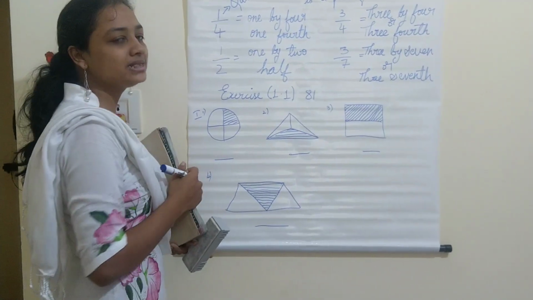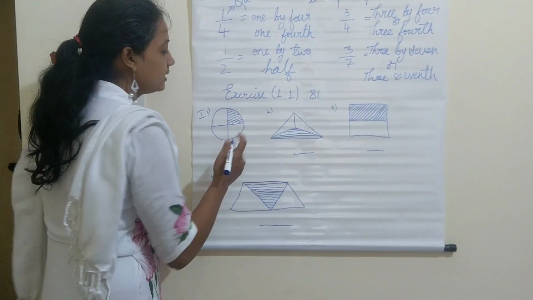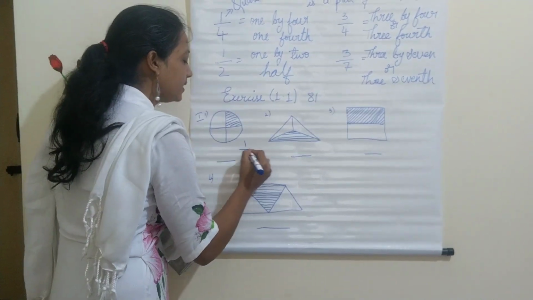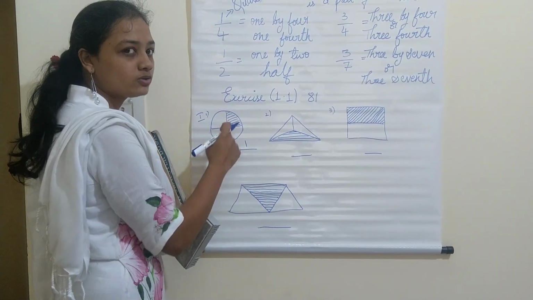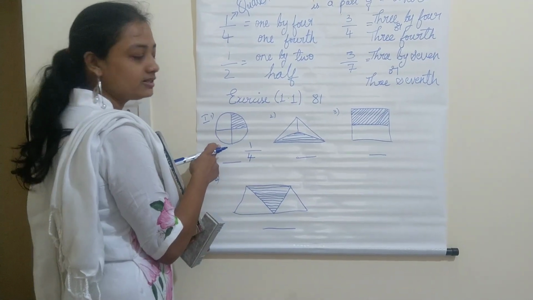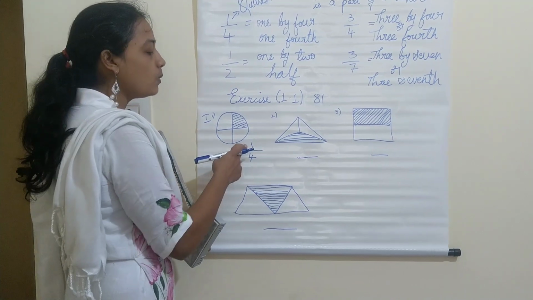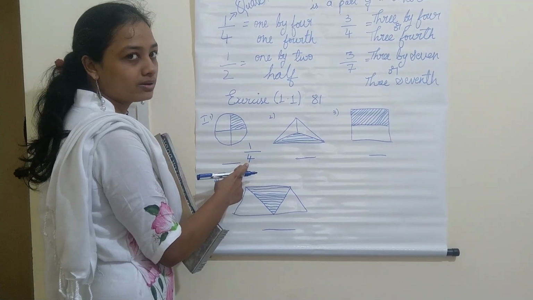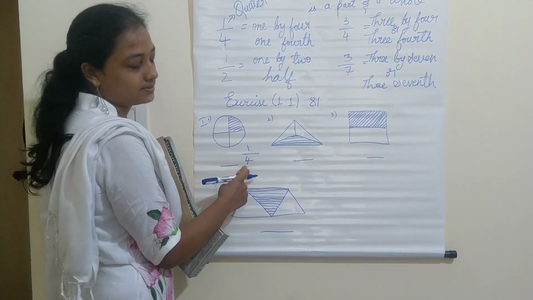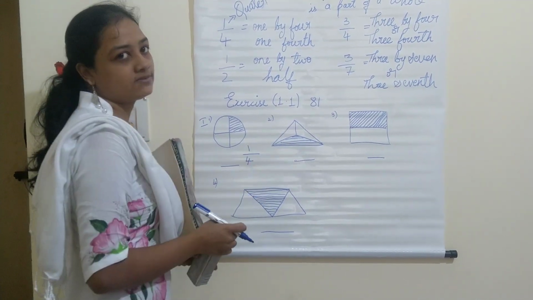So how will you write this in fraction form? 1 part taken away divided by how many parts you have totally? 4. So the answer for the first one is 1/4. What is the special name for 1/4? Quarter.